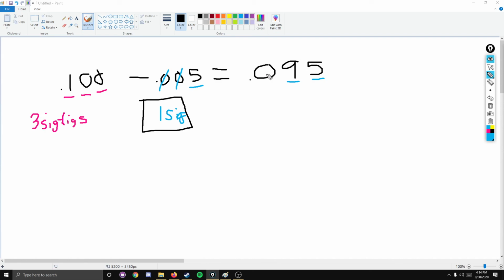Since the 0 is left of a significant digit in a decimal place, it is not considered significant. So in order to make 0.095 into 1 sig fig, I need to round up. So my answer, if this 5 rounds up this 9 to 10, would be 0.1. It is not 0.100 because that would be 3 sig figs. It just remains 0.1.